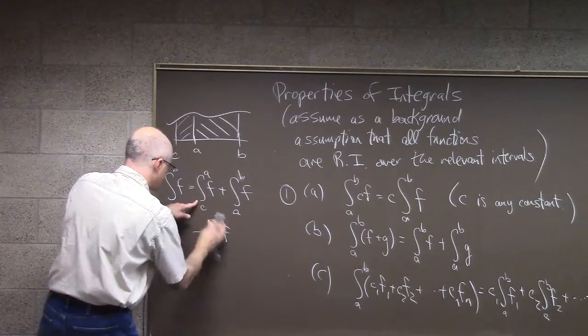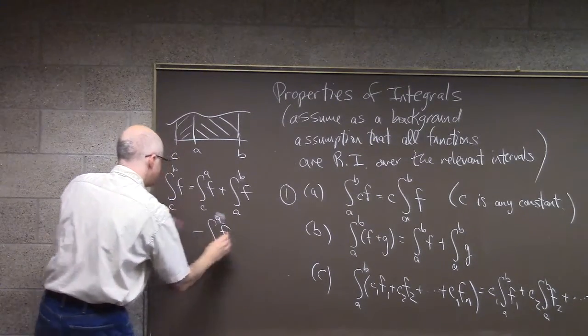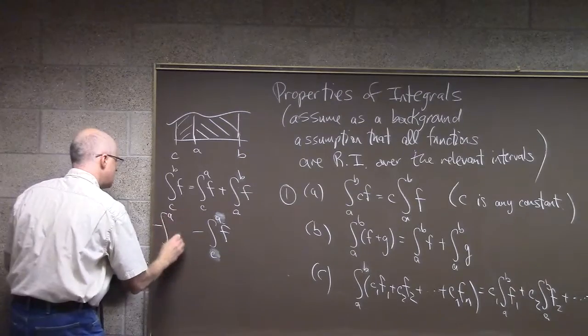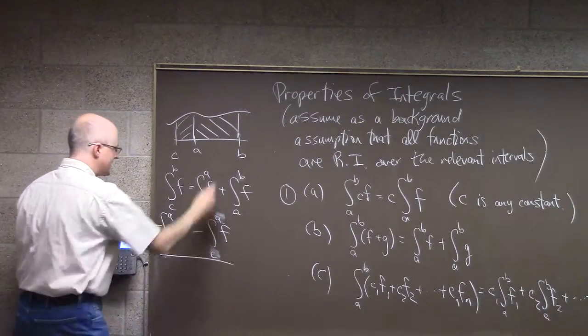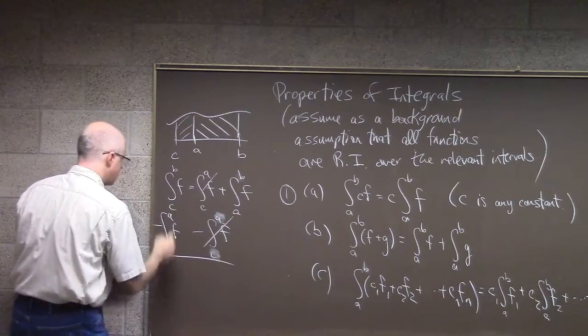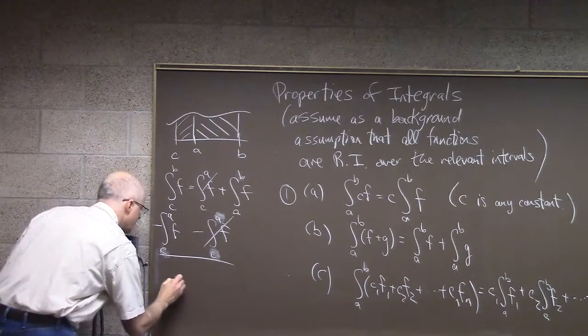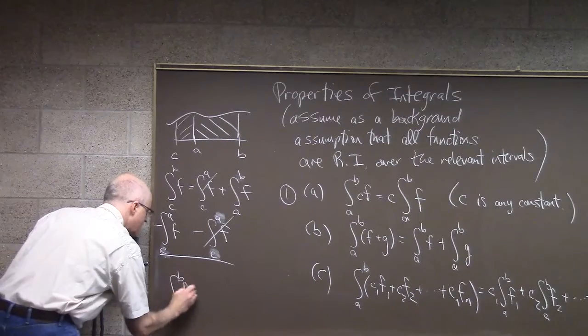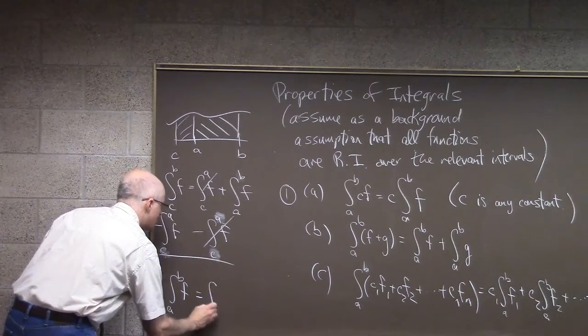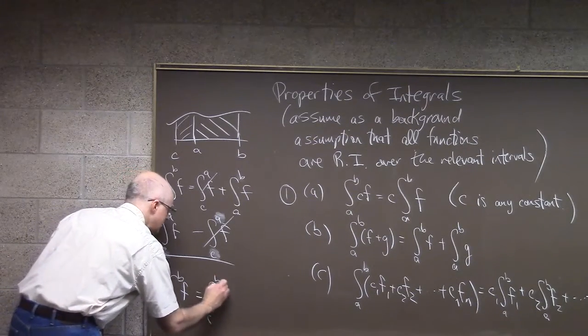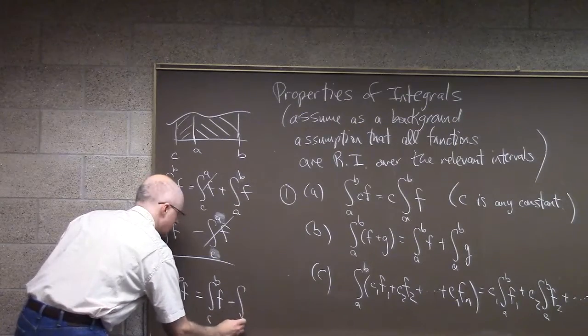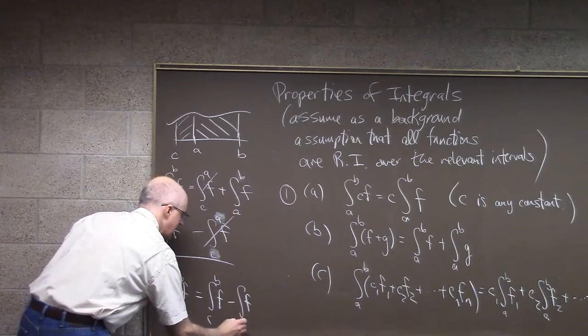Subtract that integral from both sides. Cancels on the right side. On the left side, you get this minus this equals the integral. I'm going to switch around the order. The integral of f from a to b is the integral of f from c to b minus the integral of f from c to a.